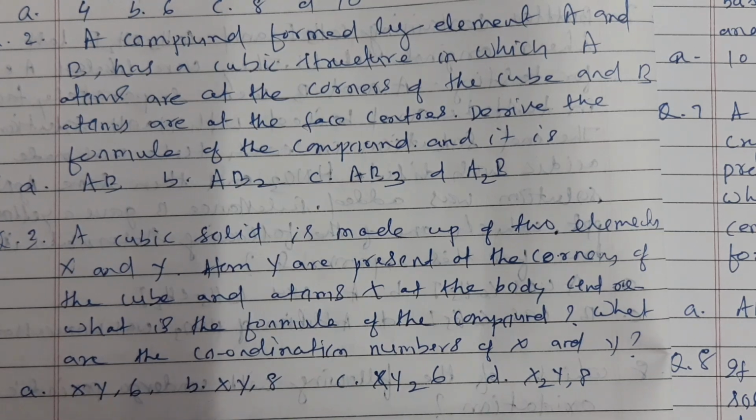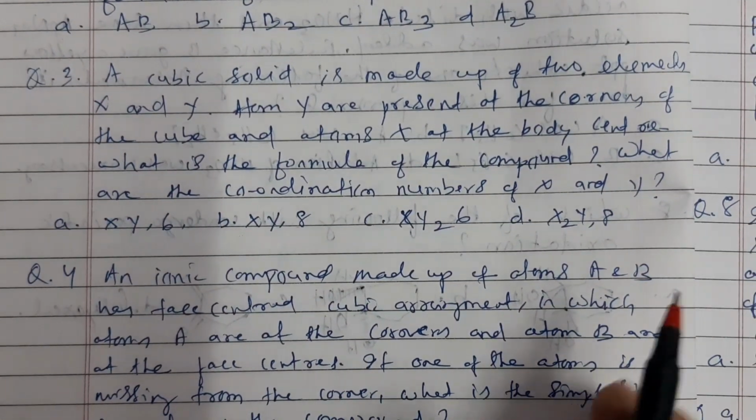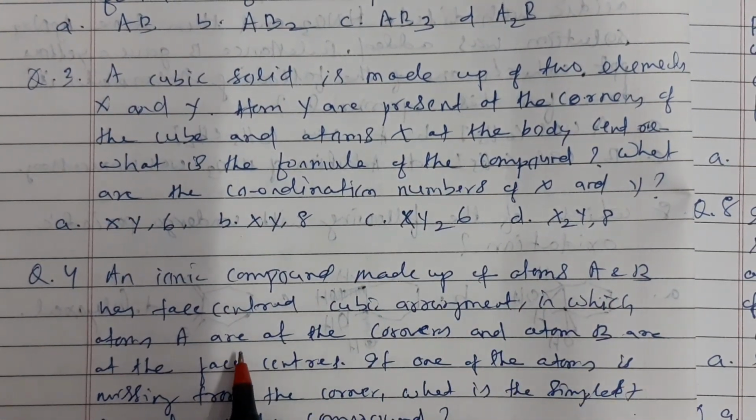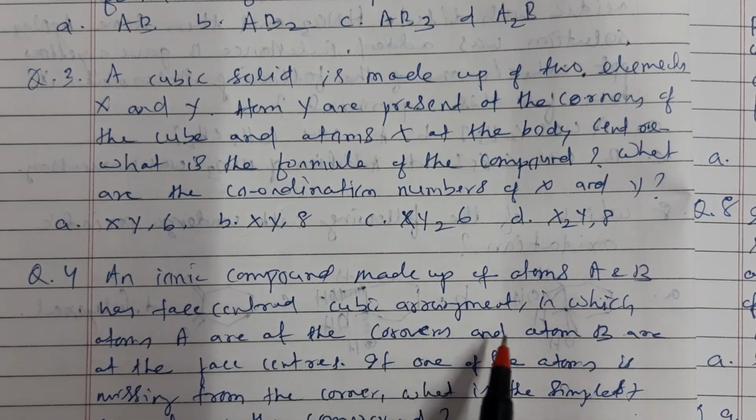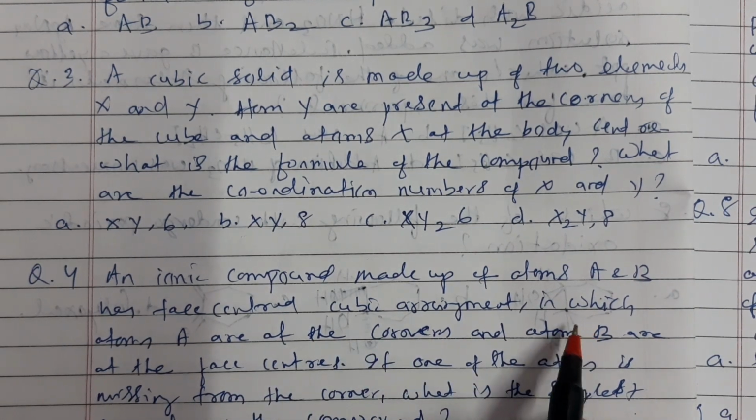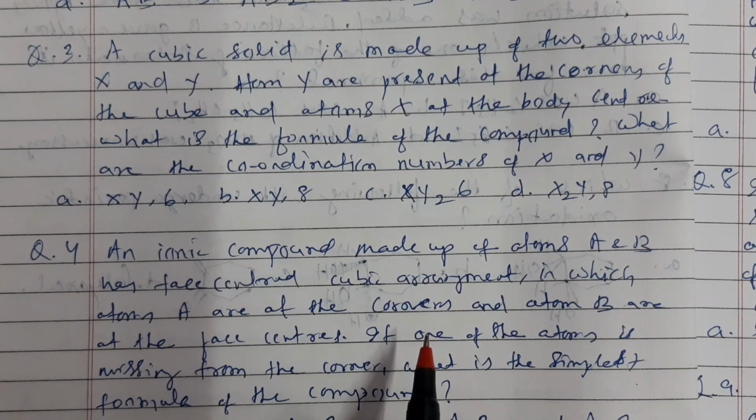Next, an ionic compound made up of atoms A and B has a face-centered cubic arrangement in which atoms A are at the corners.